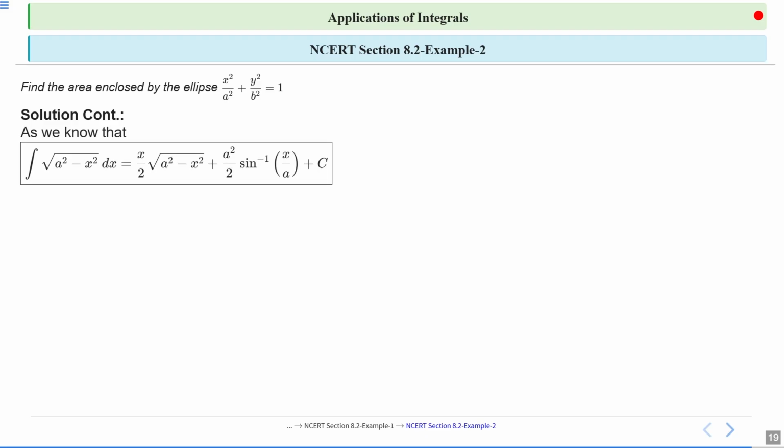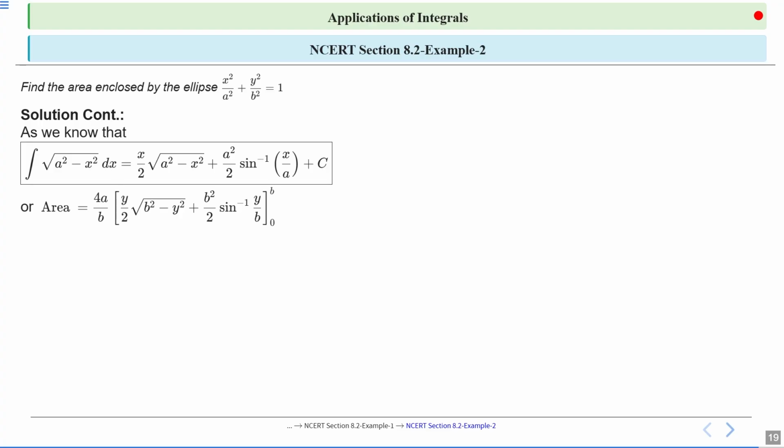As we know, the integral of root under a square minus x square dx is equal to x by 2 root under a square minus x square plus a square by 2 sin inverse x by a plus c, that is the indefinite integral.